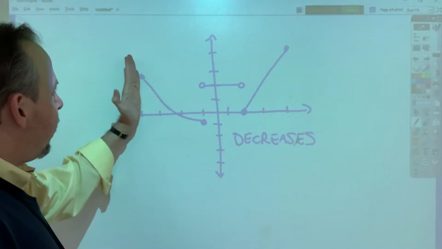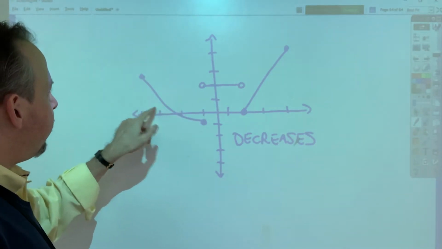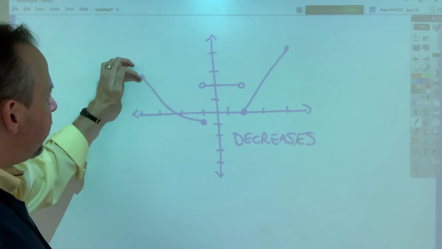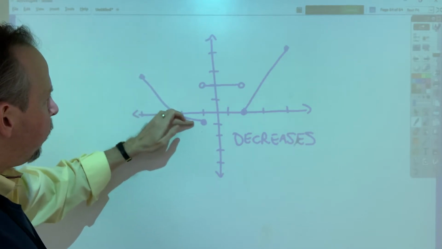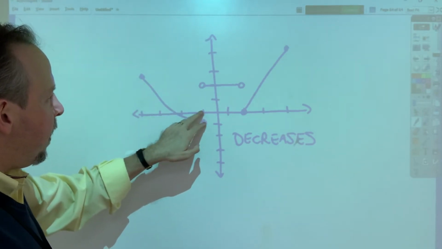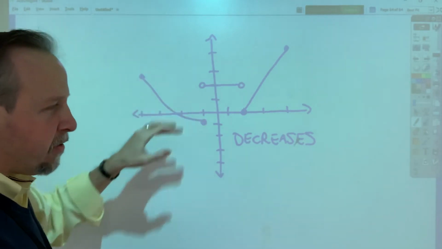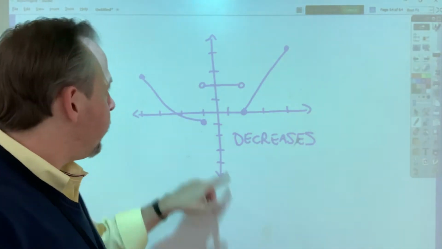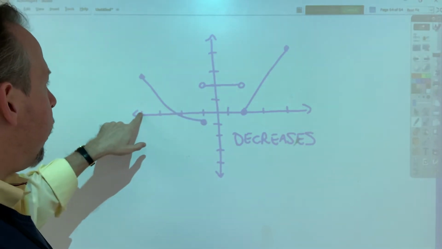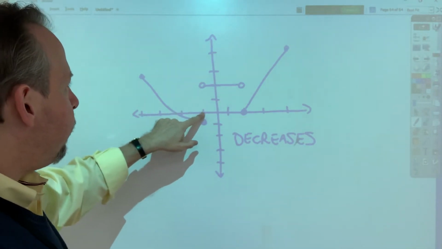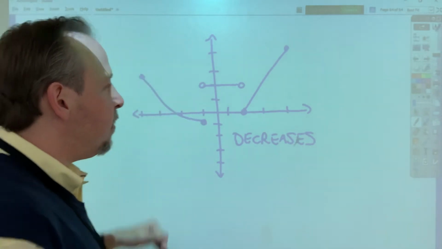It starts off right here, where x is -4. And it decreases all the way down to here when x is -1. And the dots are closed at both places, so it includes those values. So from an x value of -4 to an x value of -1, our function is decreasing.